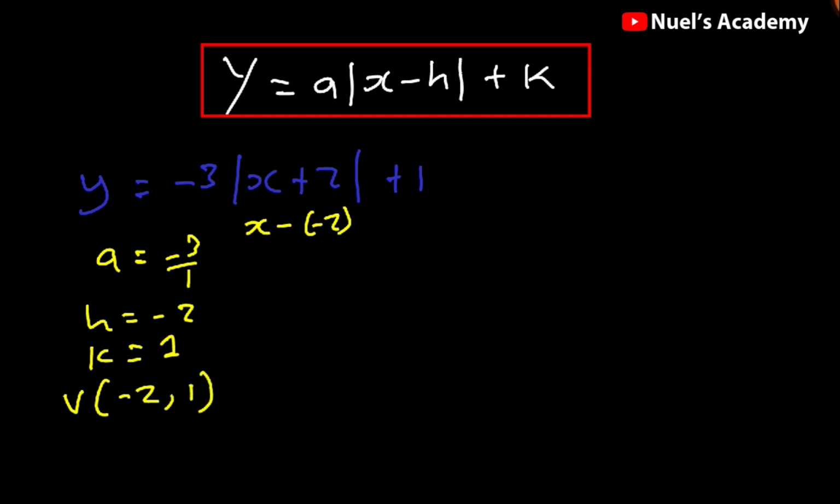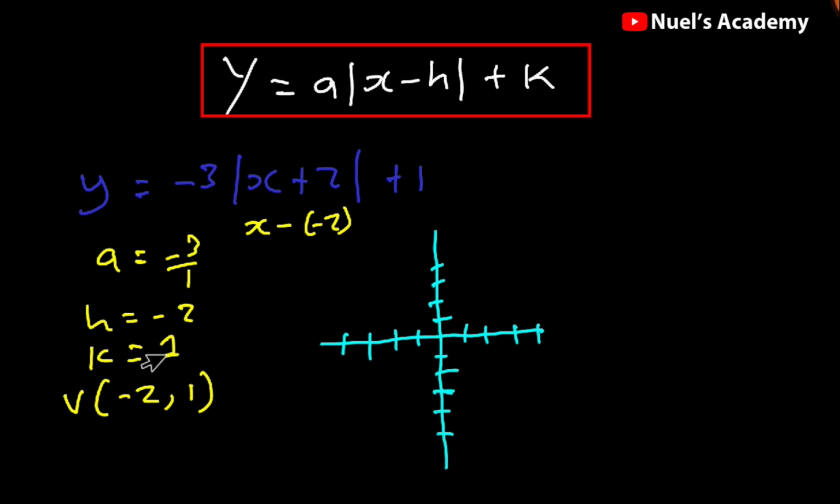Now let's graph this function. We have x here to be -2. So we have 1, 2. Let me add these ones, and then y is 1. Let me add this, then also add these ones and these ones.